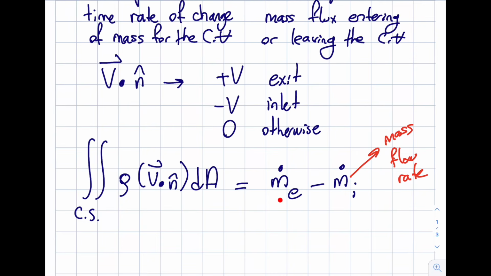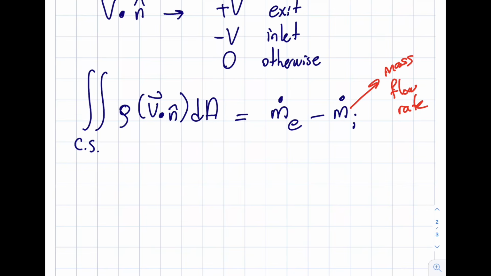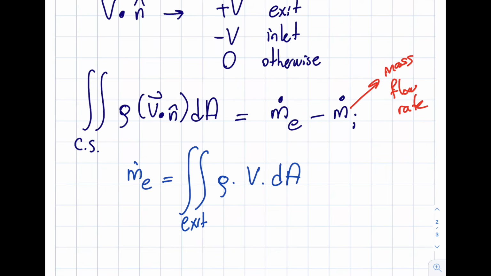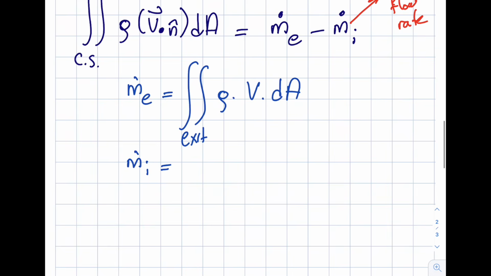Well, to calculate the m dot, you need to do the integral. So my m dot exit will be the double integral over the exits of rho V dA. This is the net mass flux exiting, and I will have a similar one for the inlet, and let's not forget the negative sign. That's going to be over the inlet of rho V dA.